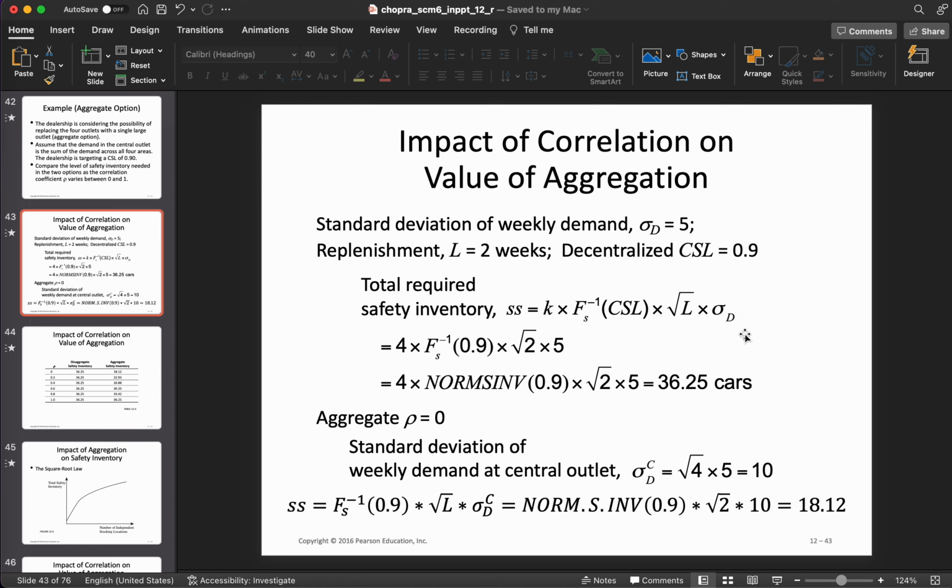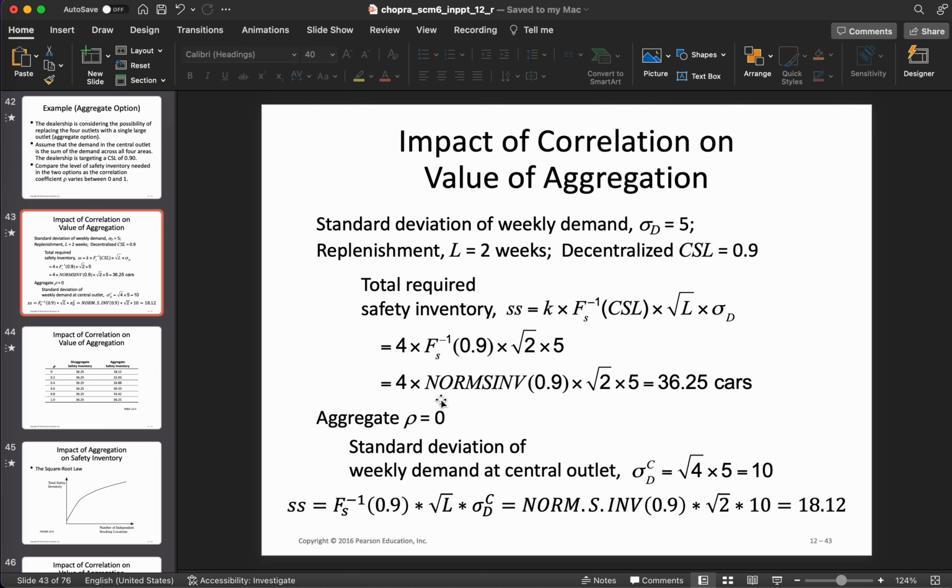Remember, square root of L times sigma d gives you the standard deviation of demand during lead time, and you multiply that with the normal inverse of the cycle service level. That gives you the safety inventory for each individual region, and you multiply that by 4 to get the total safety inventory required over all 4 regions, assuming you have decentralized it. The total safety inventory required is 36.25 cars, right?